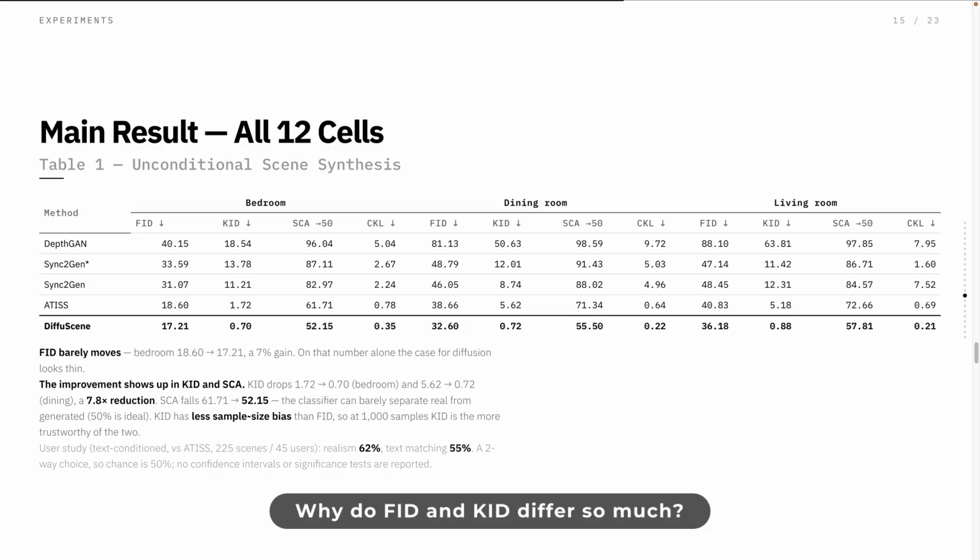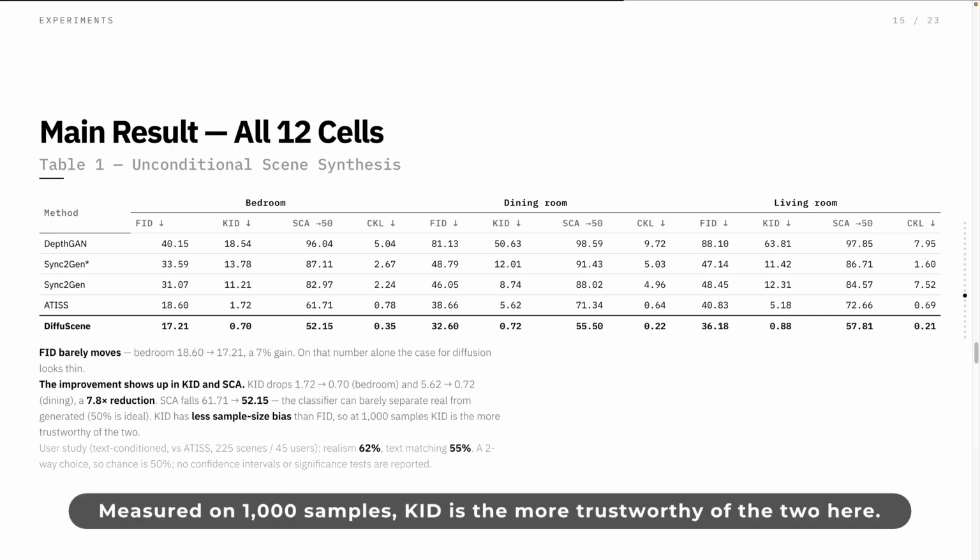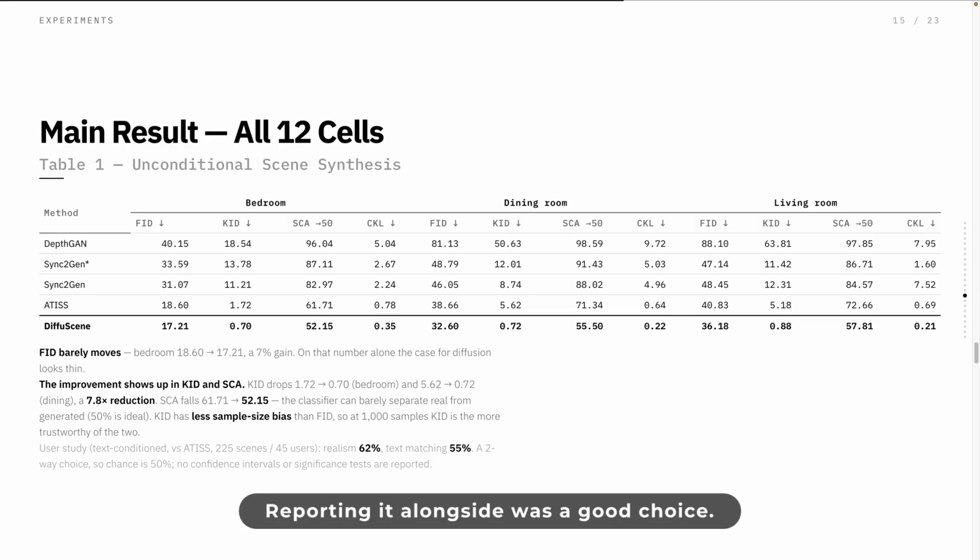Why do FID and KID differ so much? FID has a sample size bias. FID is unstable on small samples, measured on 1,000 samples. KID is the more trustworthy of the two here. Reporting it alongside was a good choice.